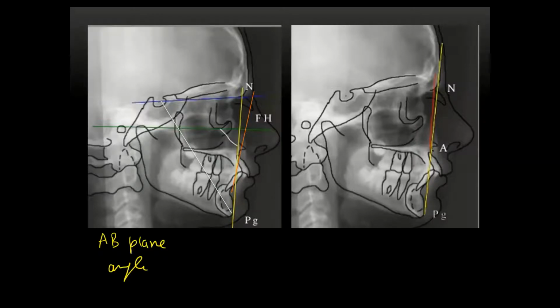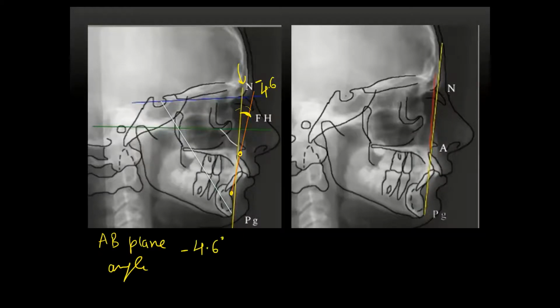Now, AB plane angle is the angle between the line joining A and B and NPOG. NPOG is the facial plane. So it is the angle between the line joining A and B and the facial plane. Okay. Now this is 4.6 degrees. Because it is in the backward direction, it is called minus 4.6 degrees.